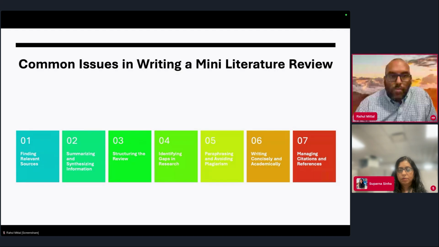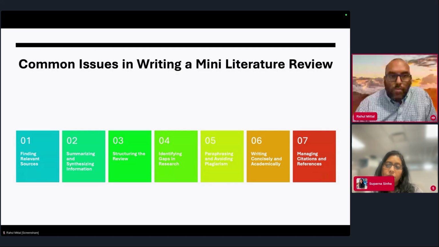So one of the things we've been trying to do is highlight some of the gaps. For example, the students had difficulty identifying credible and high quality research articles. They were over-reliant on Google searches instead of academic databases like PubMed and Scopus.